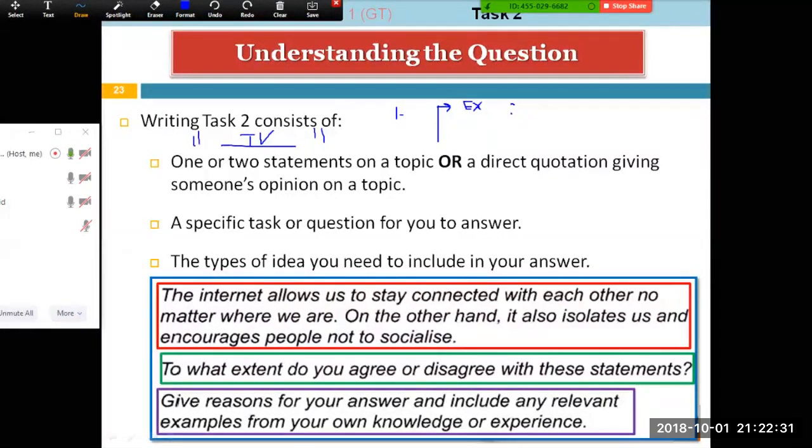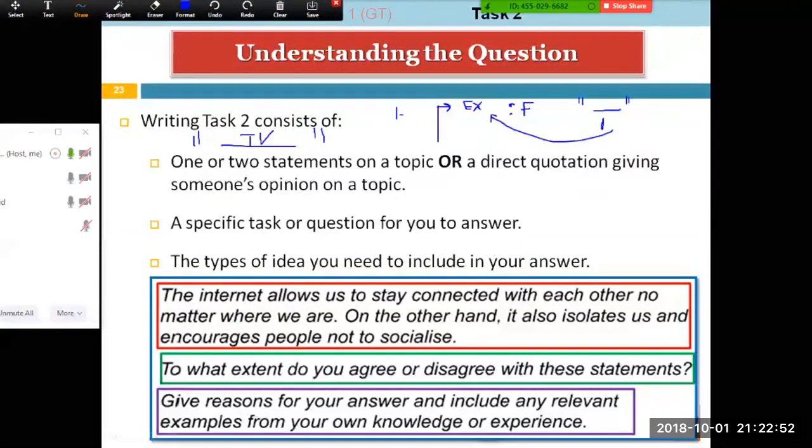In that, I can write an example. For example, one of my cousin's daughters faced some obesity problem or poor eyesight issue because of watching TV.